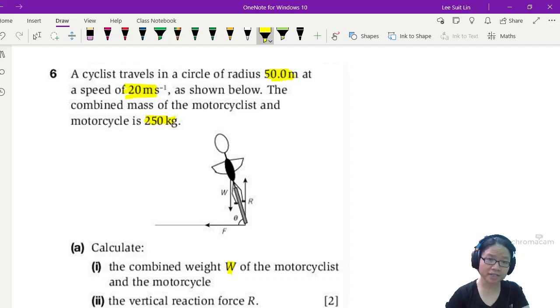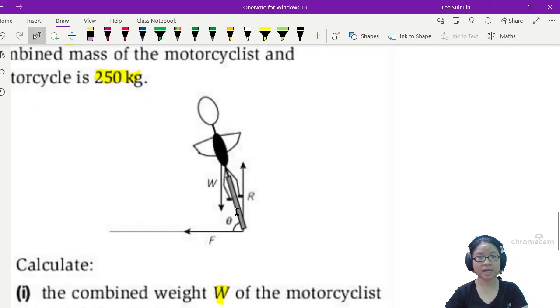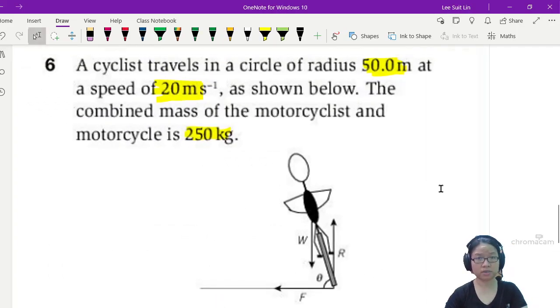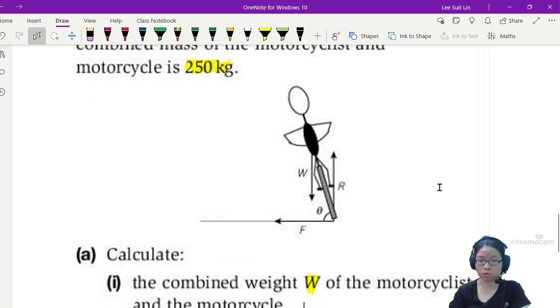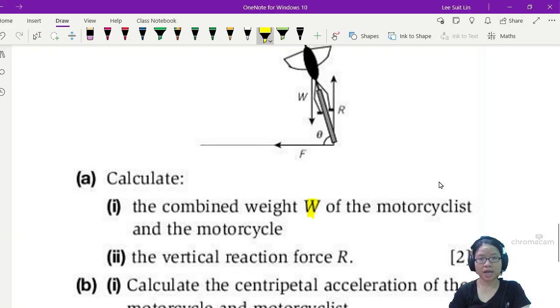Before I attempt to answer the question, let us analyze the forces that they labeled for you first. I need to read the question to understand what the symbols represent. In this question, W is weight, which is pretty straightforward, and R is your vertical reaction force. Reaction force, sometimes known as normal force, I'm just going to call this normal force.